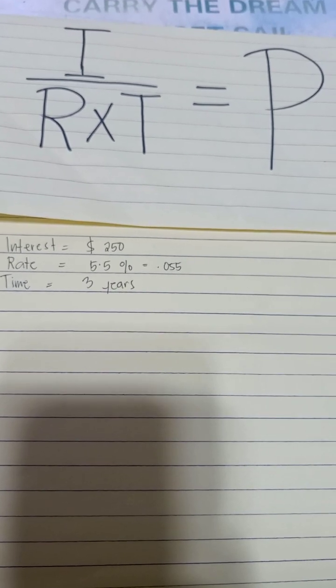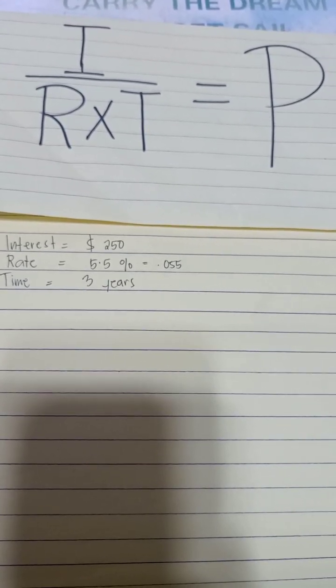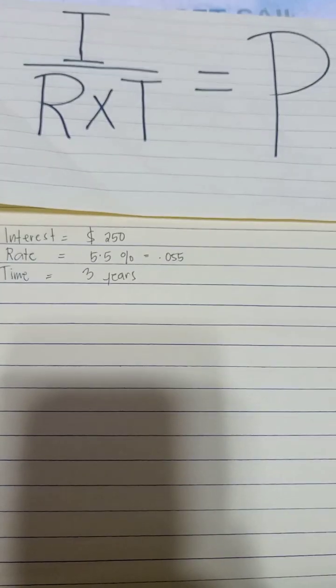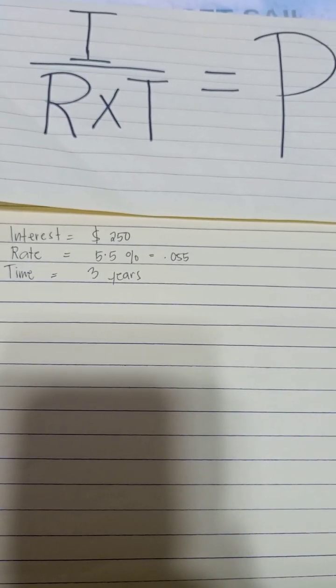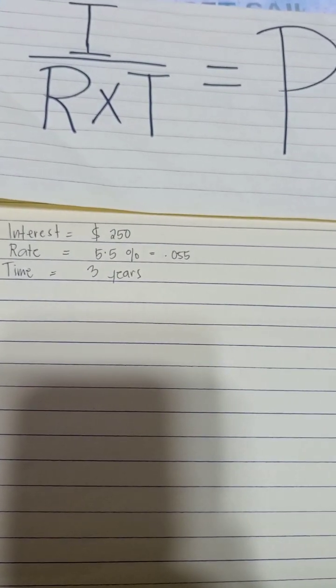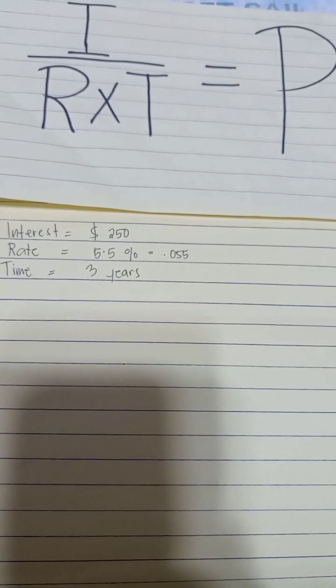The interest is $250 and the rate is 5.5%, which we can express in decimal, which is 0.055. The time is 3 years.